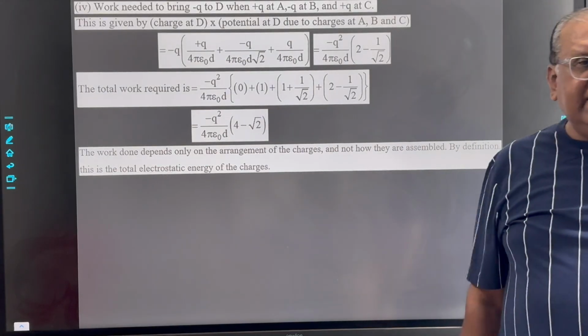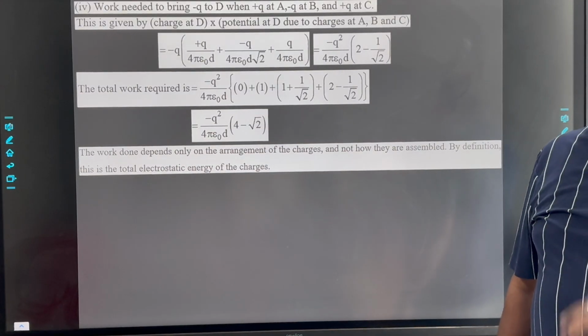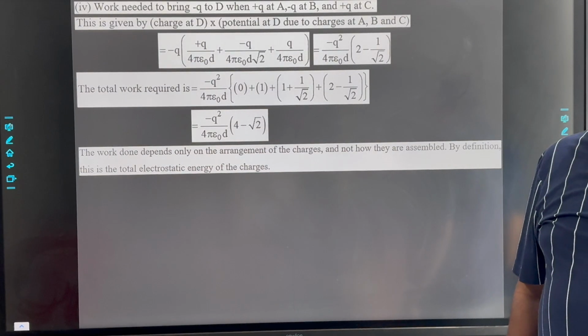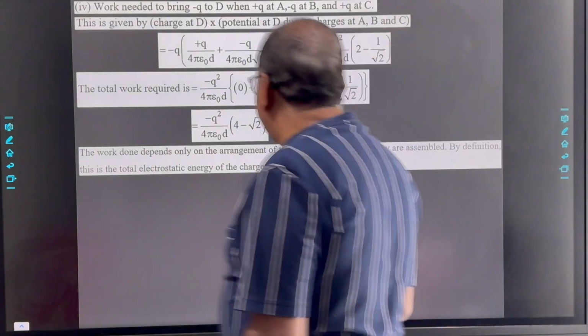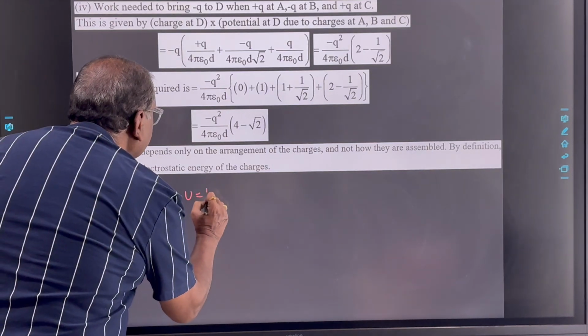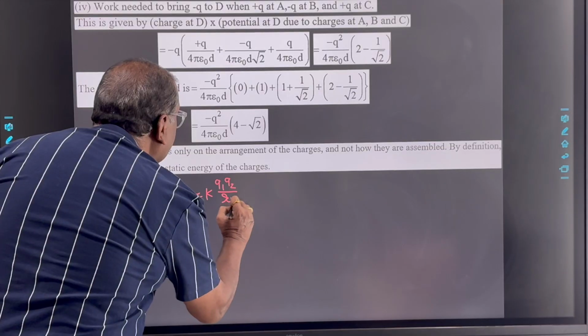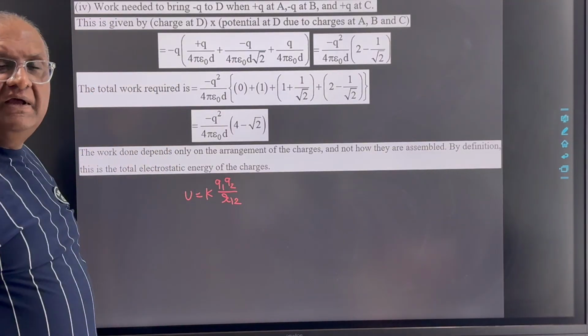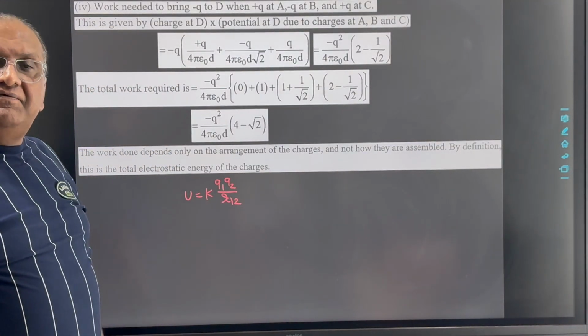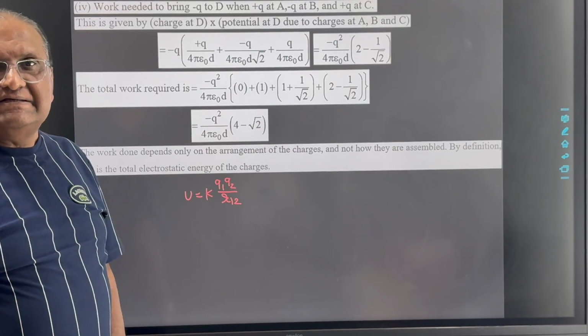But see, in the previous theory, we discussed this thing. The potential energy of a system of two charges is given by U equal to K Q1 Q2 upon R12, right? But suppose we have a system of four charges.